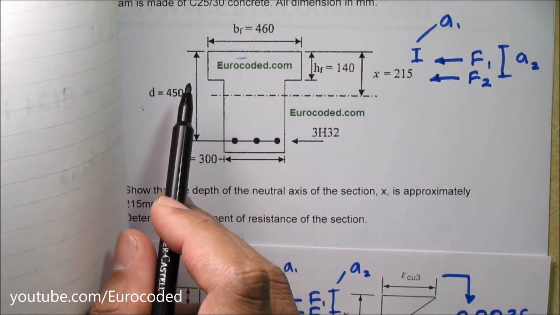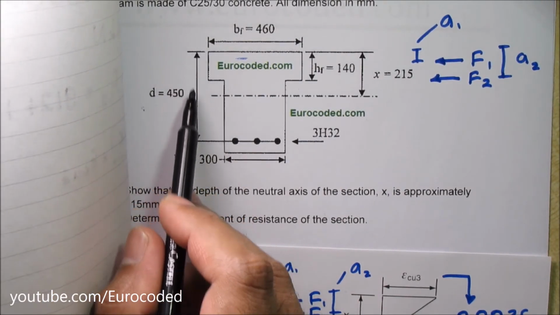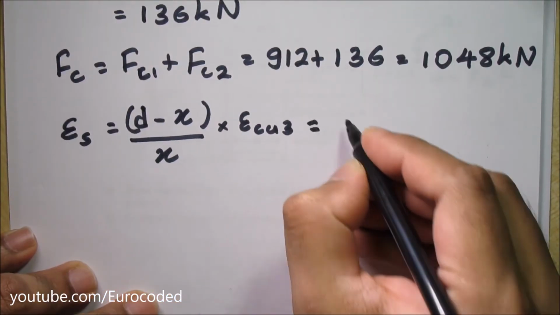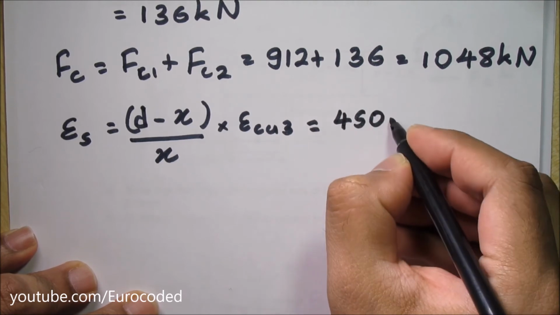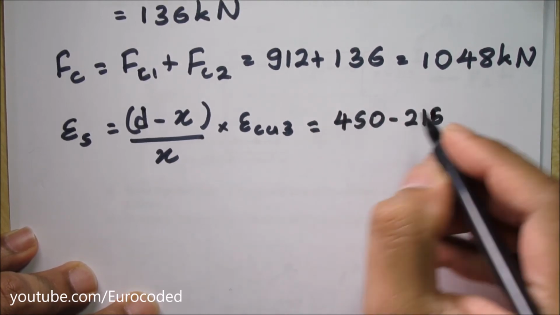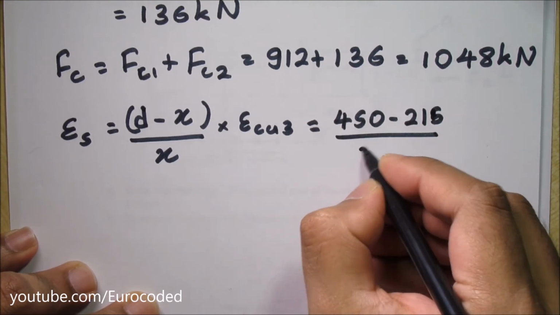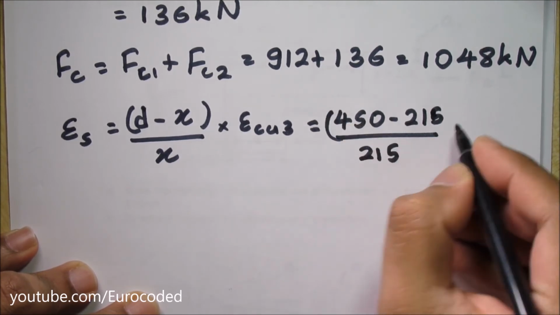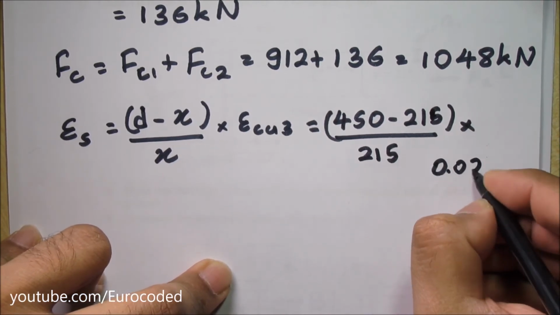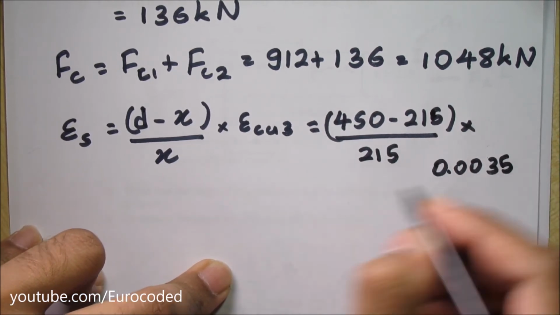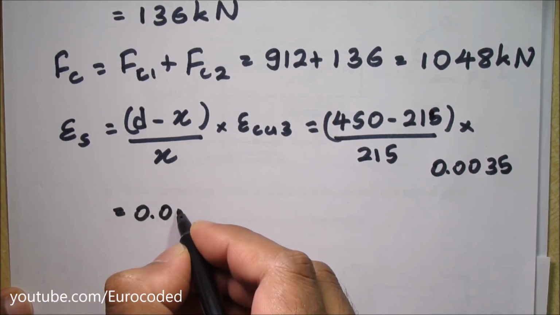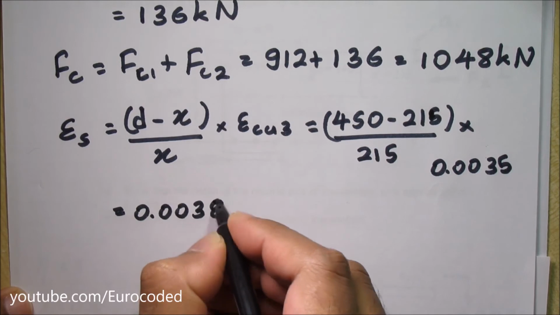For our concrete section in the question, d is given as 450. This is equal to (450 minus 215) over 215 times 0.0035, and this comes to 0.0038.